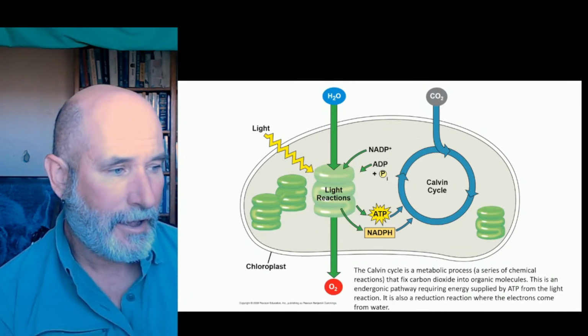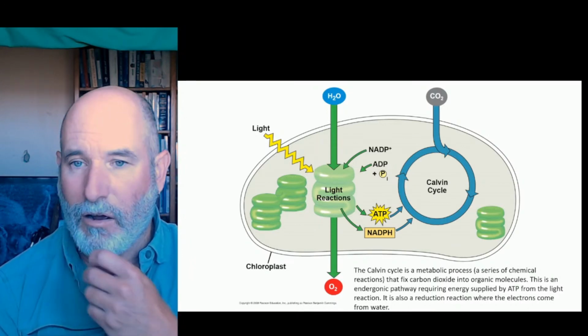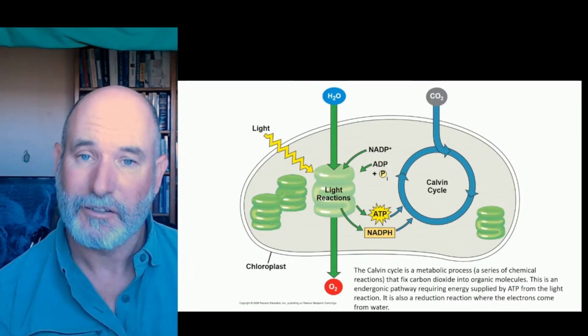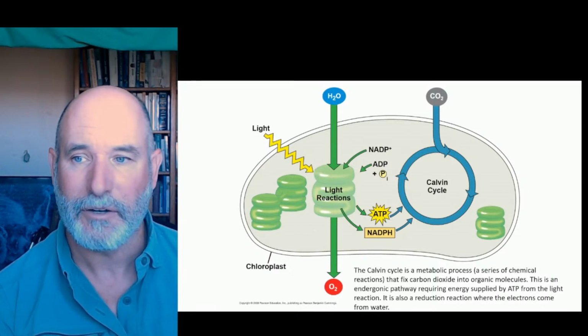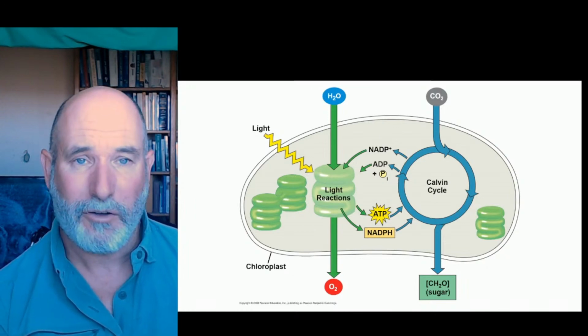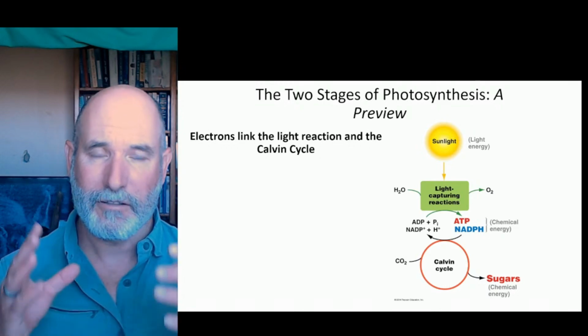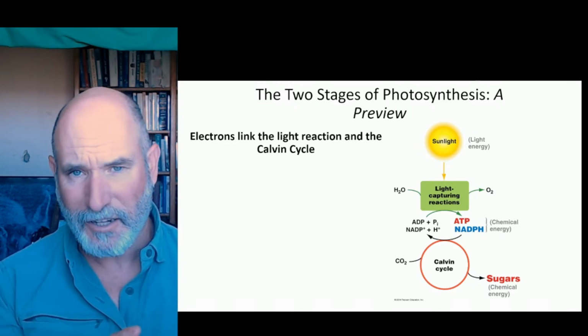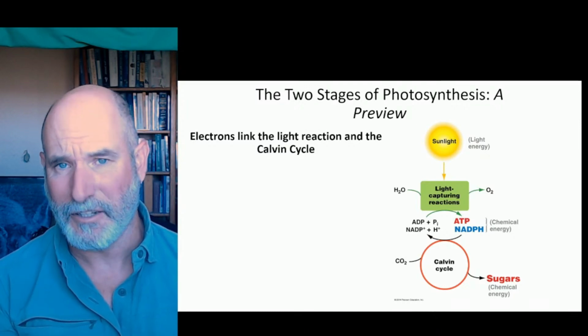Those chemical reactions are a series of reduction reactions where, like I said, we're going to add electrons and hydrogen to the carbon atoms. Okay, so there's the overview of photosynthesis. And importantly, the light reaction is connected to the Calvin cycle by this flow of electrons through NADPH.